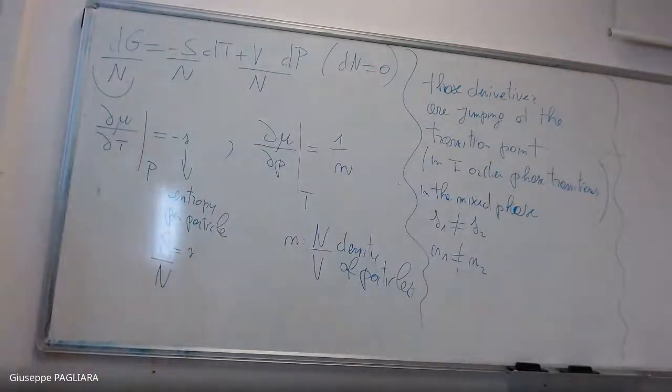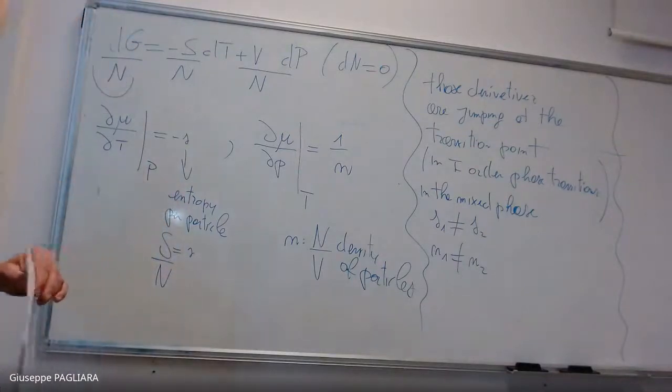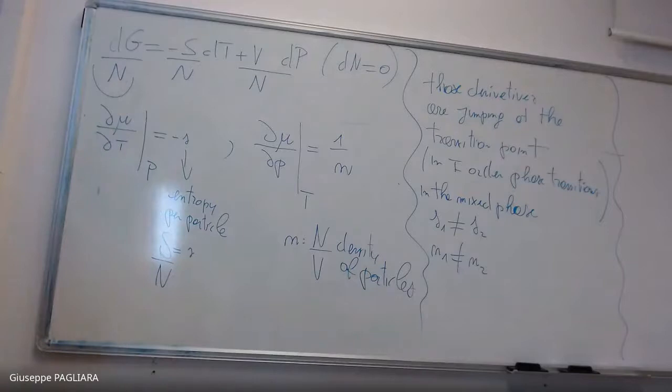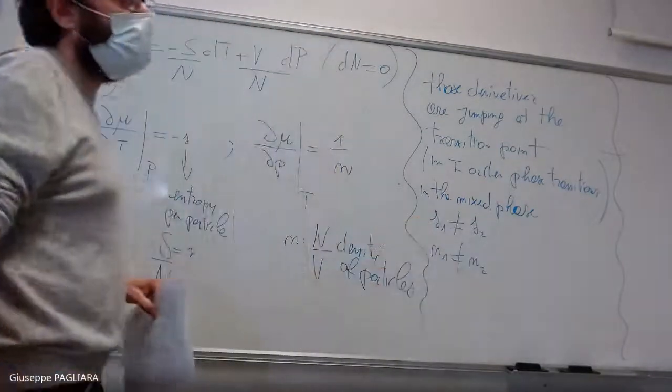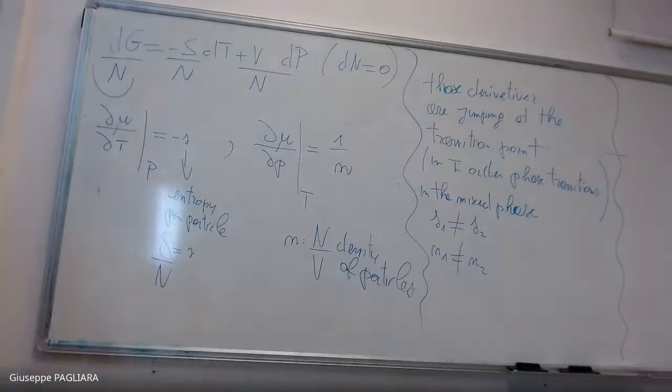Okay? So at the end of the day, you will have two phases in thermal, mechanical, chemical equilibrium, but having different entropy per particle and different density, which is exactly what we see in reality when we have a mixture of ice and water, for instance, or a mixture of vapor and liquid. So they have different density, but they also have different entropy.